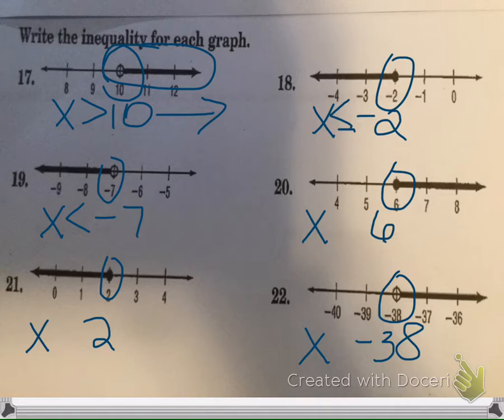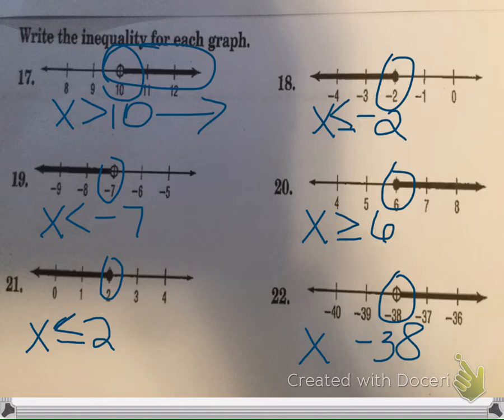Number 20, it includes 6, so it is an equal to symbol, as well as all the numbers that are greater than or equal to 6. 21 is a closed circle, so it does include 2, and it's shaded to the left there, so it's all the numbers that are less than or equal to.